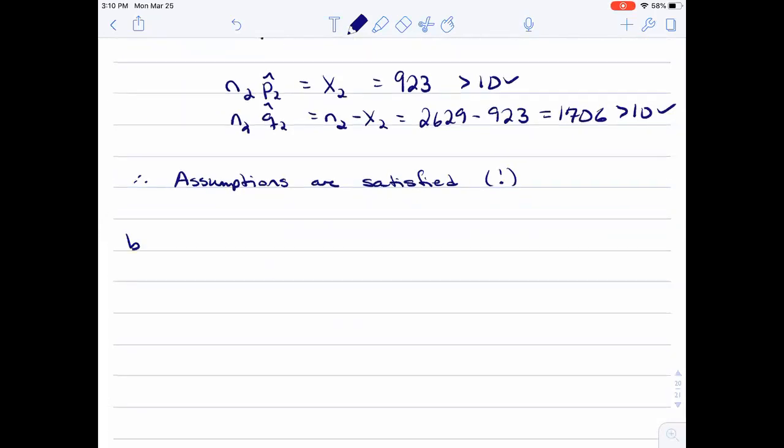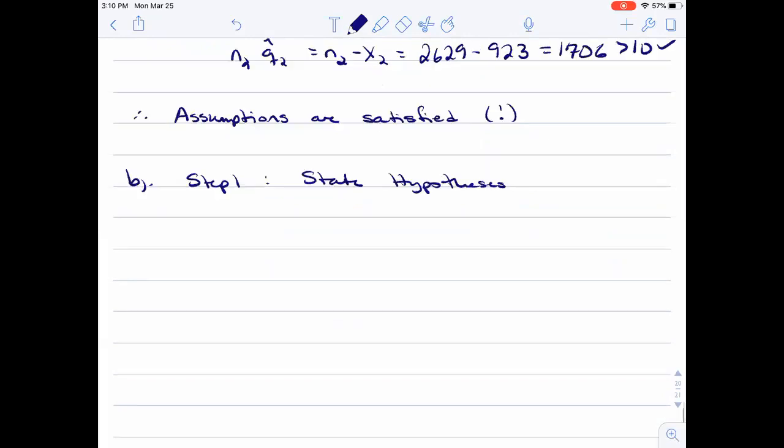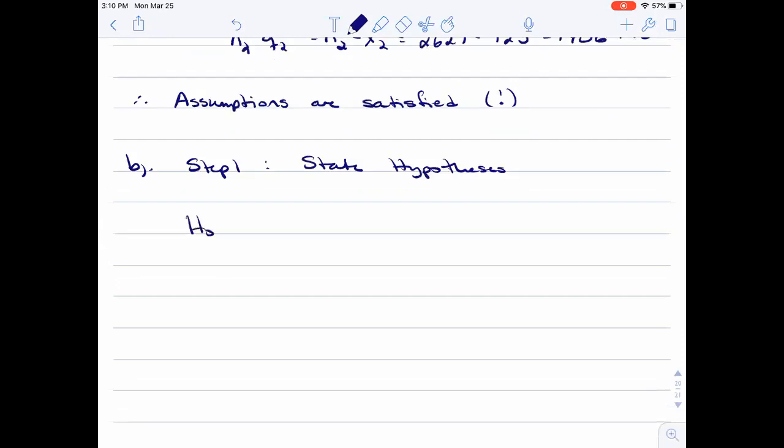And so part B, step 1 is to state our hypotheses. H naught is that P for the males is equal to the P for the females.